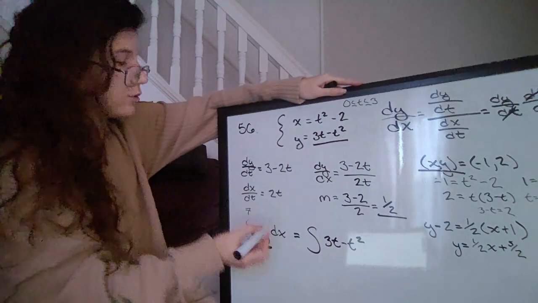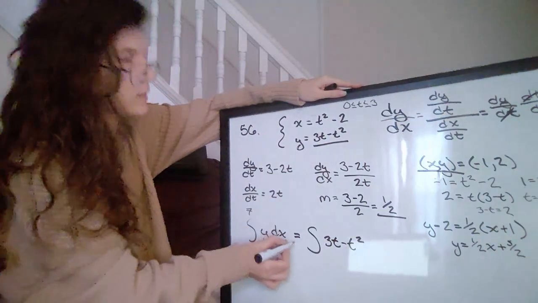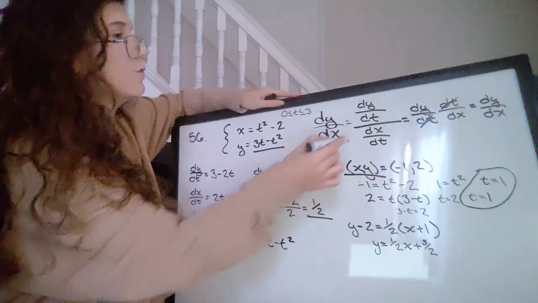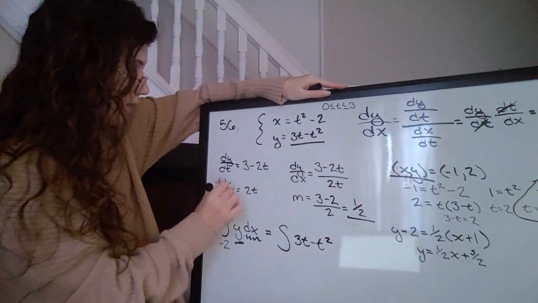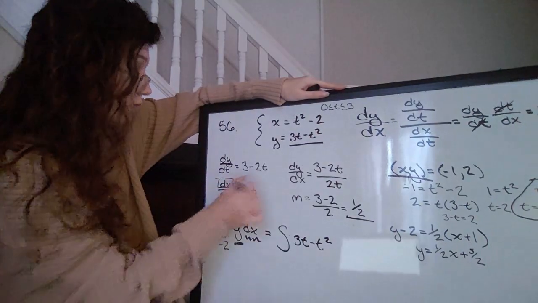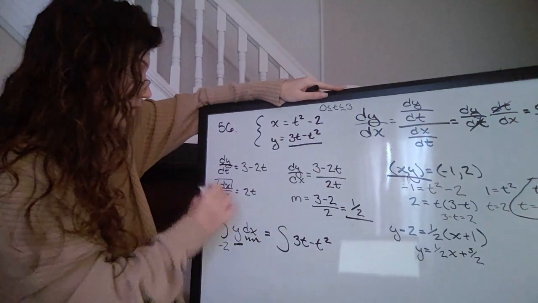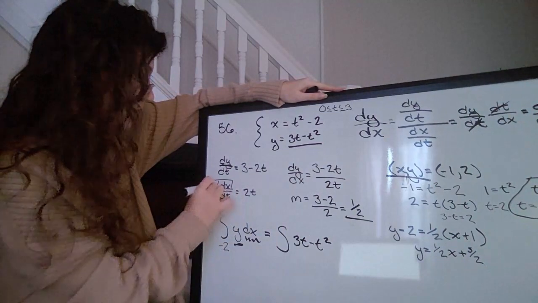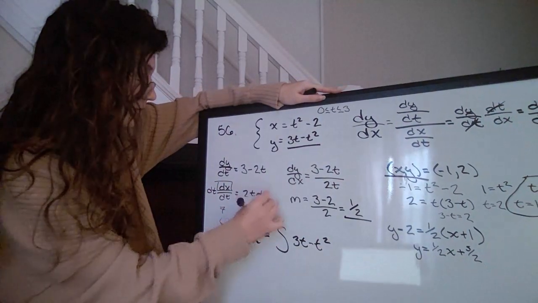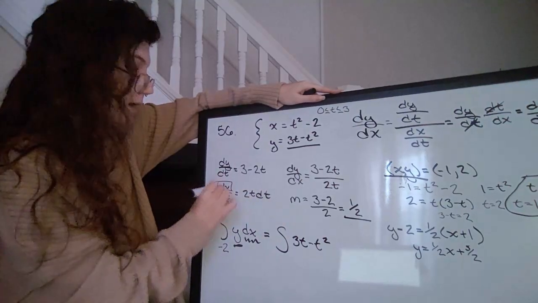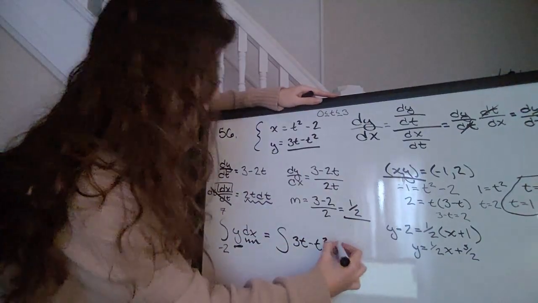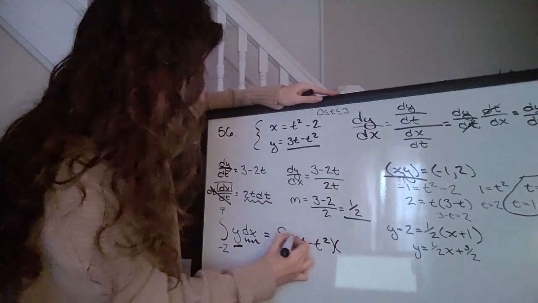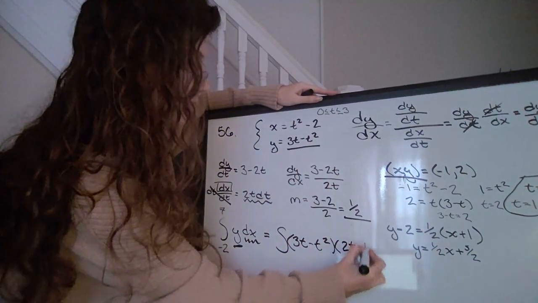And then I actually know what dx is, because over here I found dx/dt equals 2t. So if I multiply by dt on both sides, my dx actually equals 2t dt.